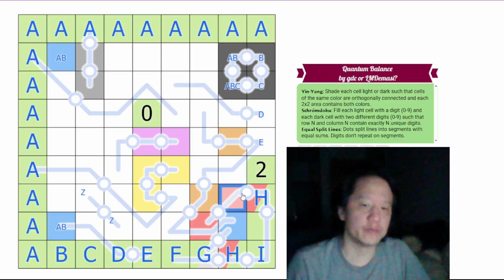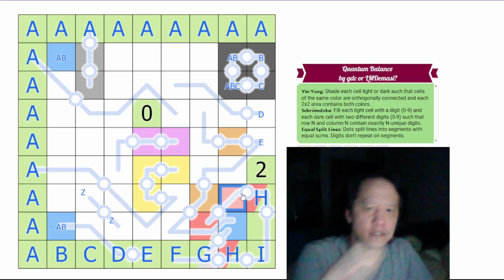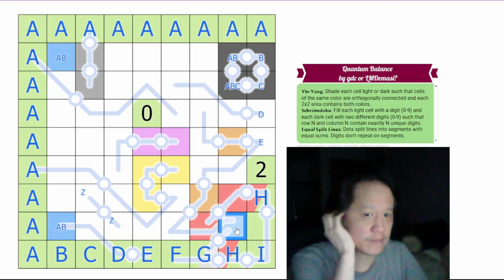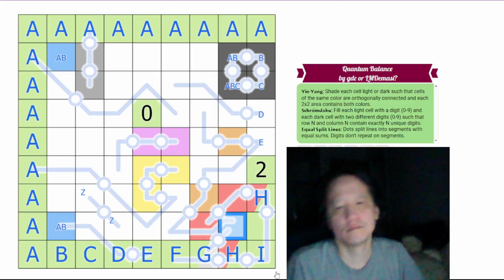This could actually be an H here. That's possible. But okay, so then either this is H or this is H. This could be the sum of anything.